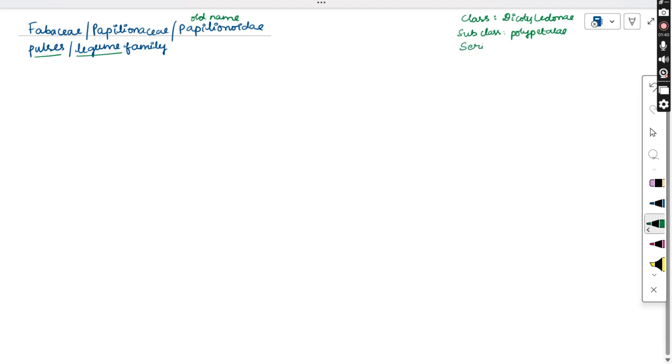The series is Calciflorae, the order is Rosales, and the family is Fabaceae. The subfamily is Leguminaceae. So this is the classification of this family.